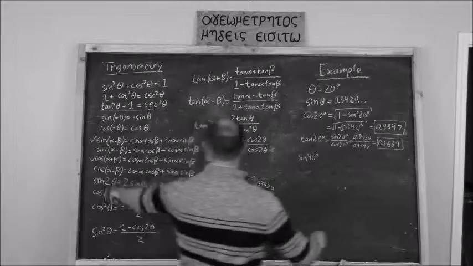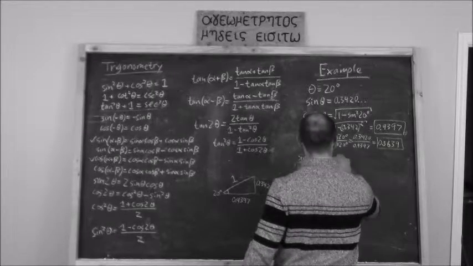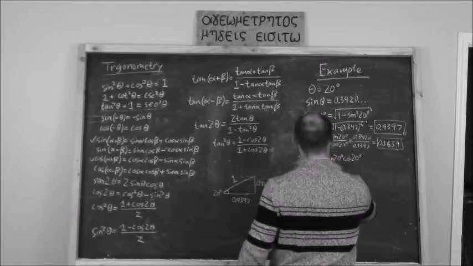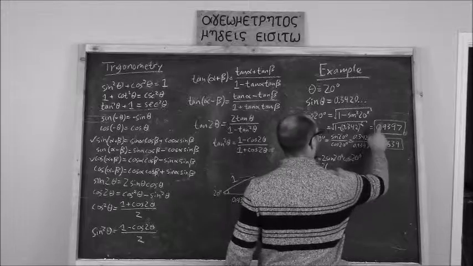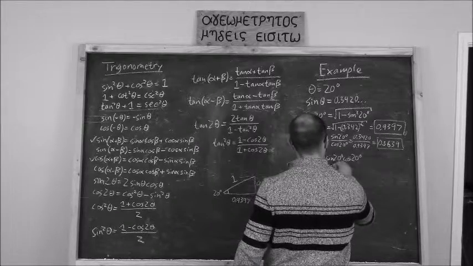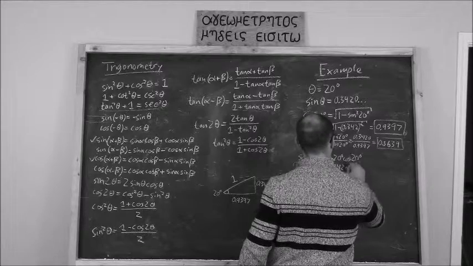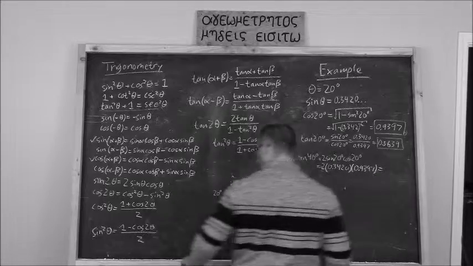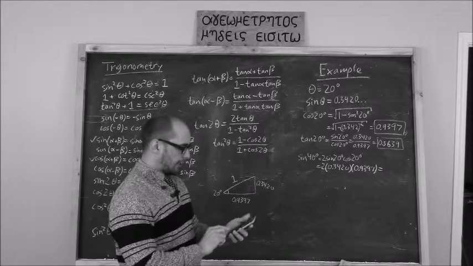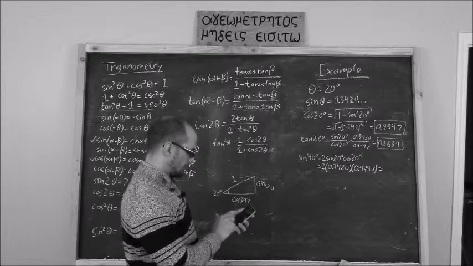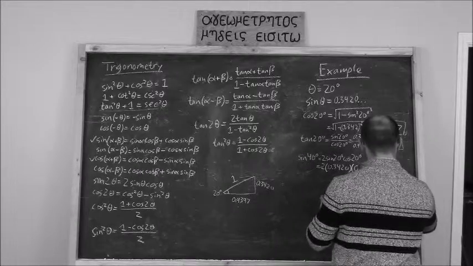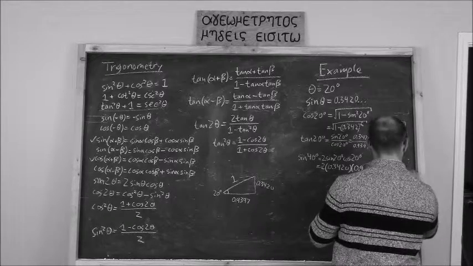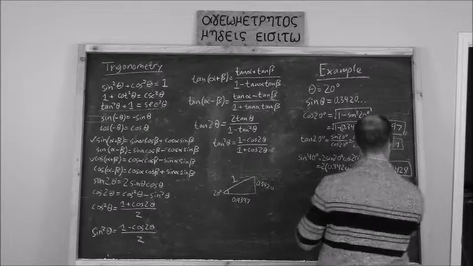So this is going to equal 2 times the sine of 20 degrees times the cosine of 20 degrees, which is equal to 2 times 0.3420 times 0.9397. By plugging it into my calculator, I get 0.6428. Very good.